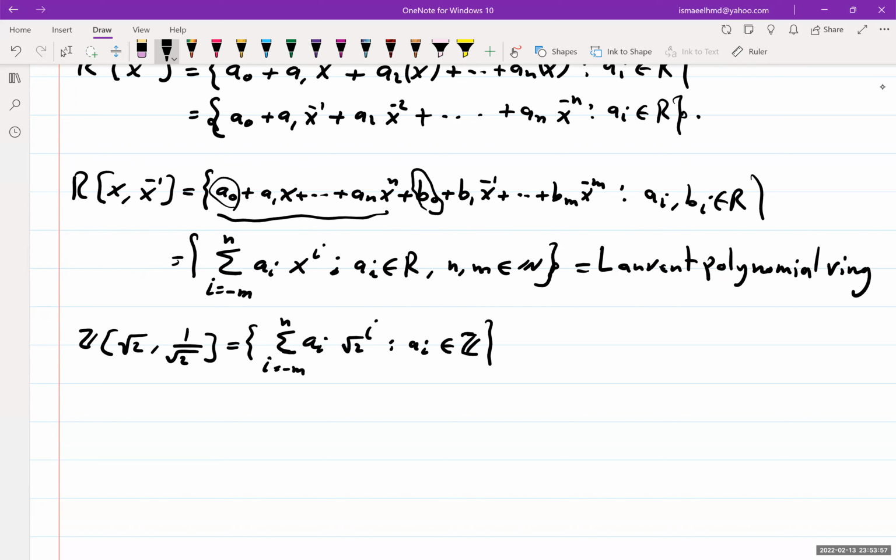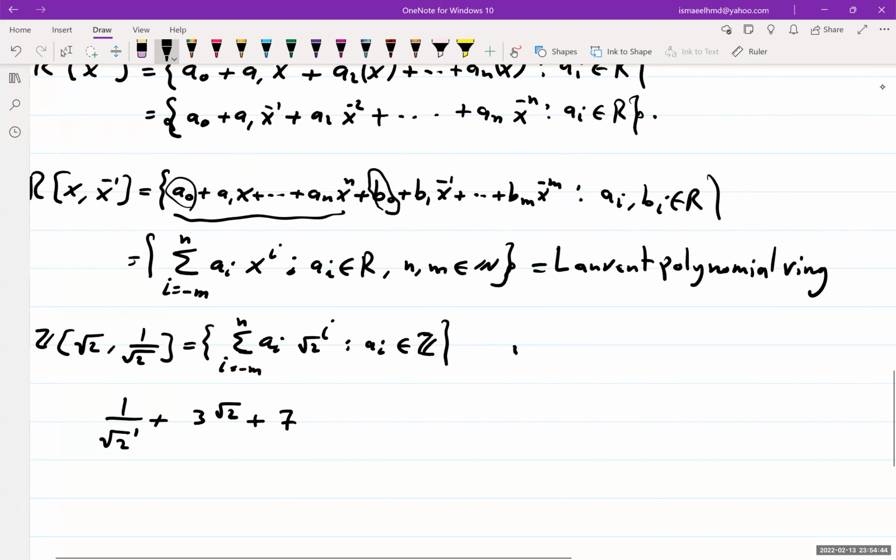For example, 1 over square root of 2 plus 3 square root of 2 plus 7 is an element of Z of square root of 2 and 1 over square root of 2.